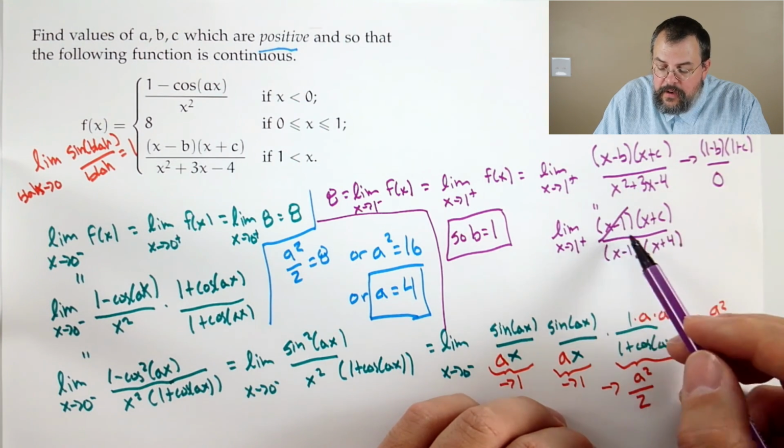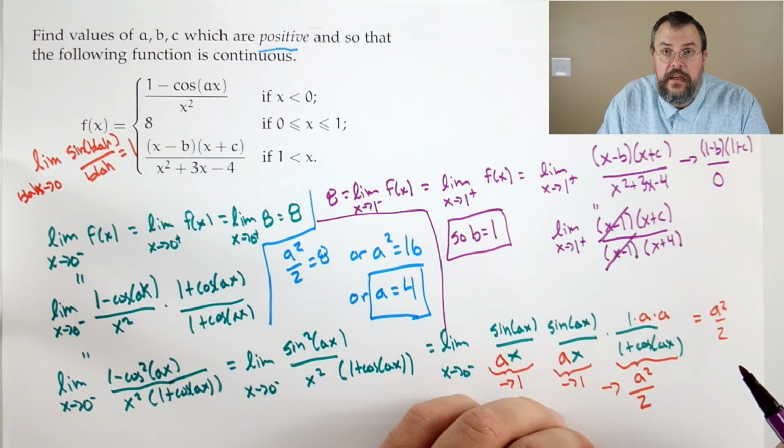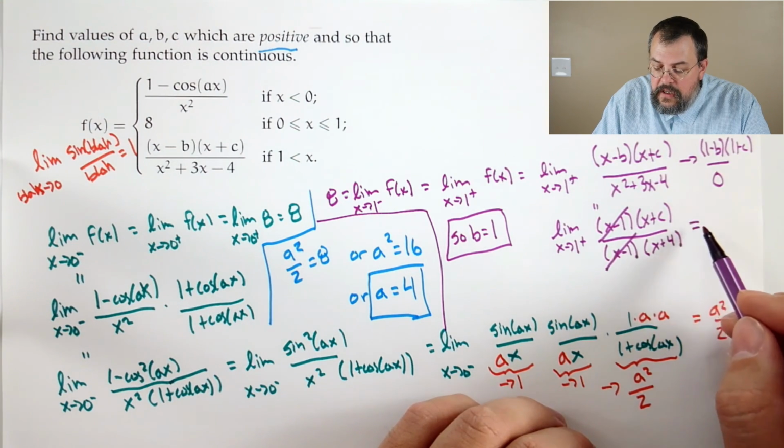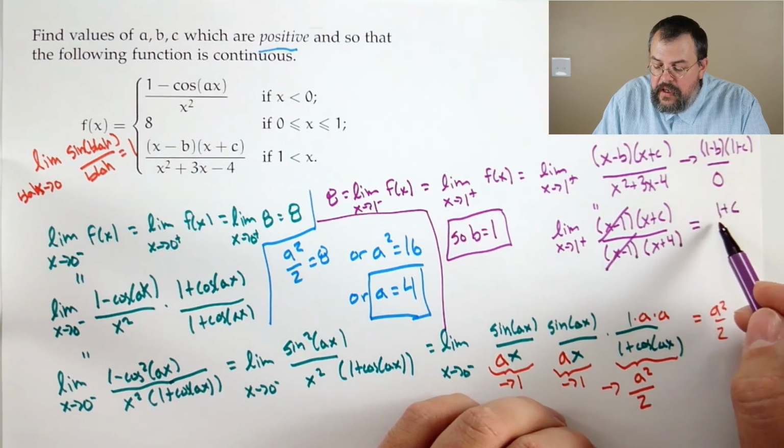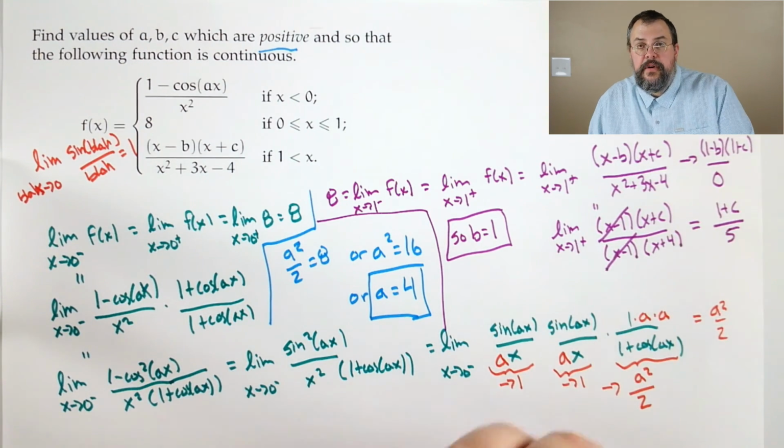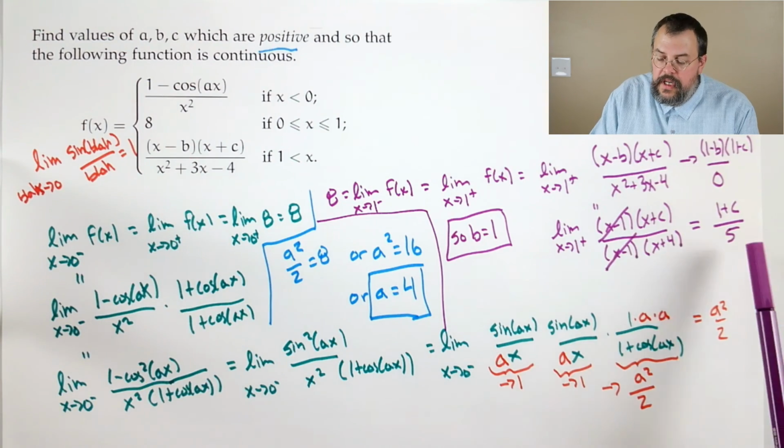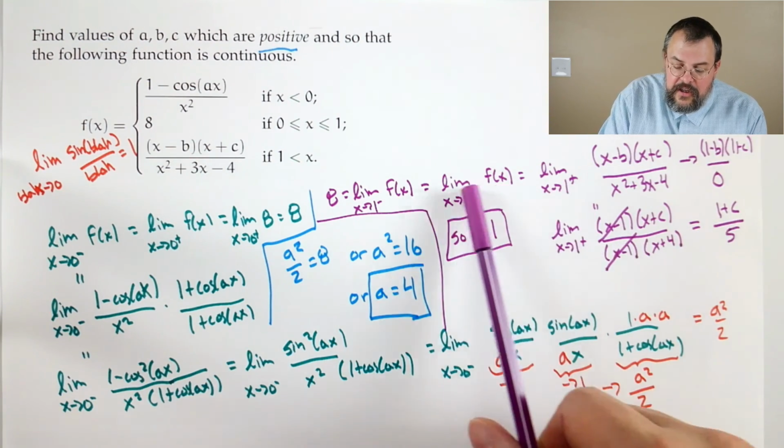Now, the x minus 1's cancel, okay? So what do we get? Well, we get 1 plus c over 1 plus 4, which is 5. Now that's perfectly fine, except what do we need? We need that to equal 8.